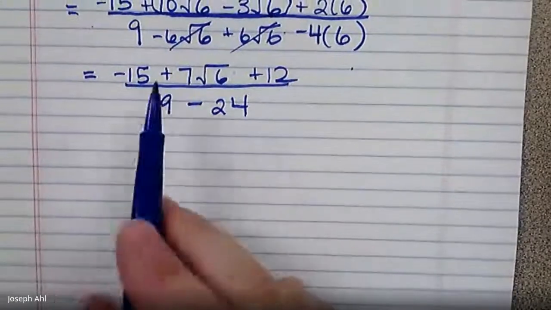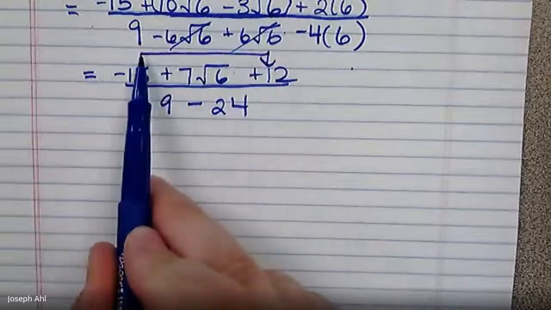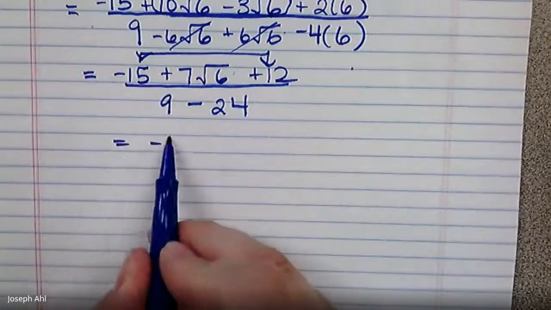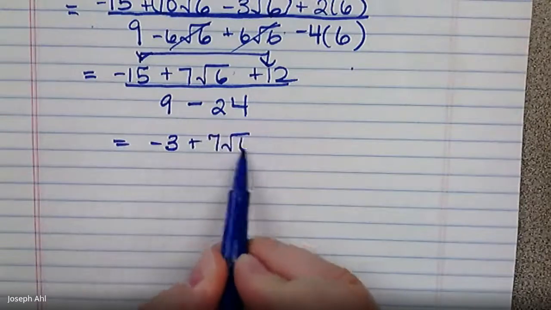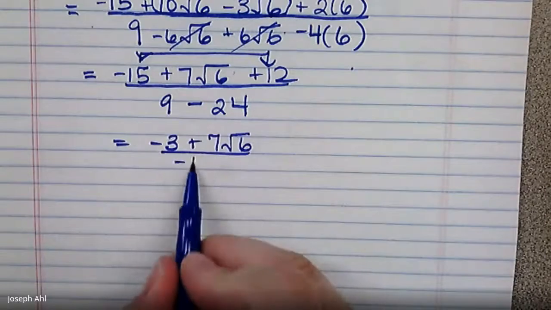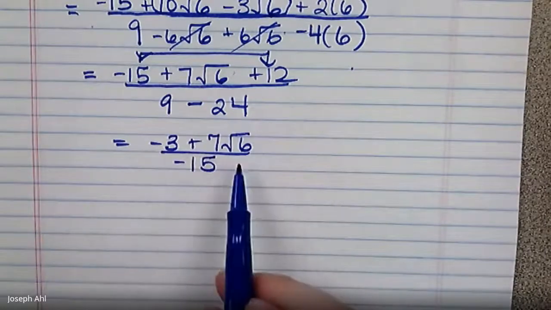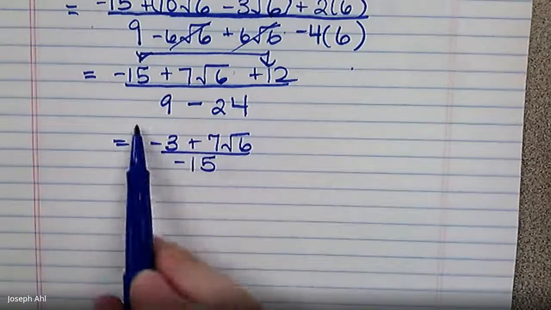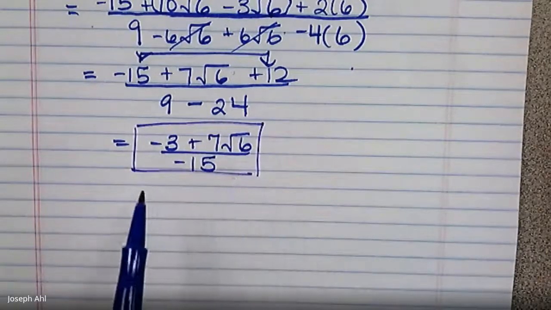And then lastly, if you combine like terms, the negative 15 and the 12 up in the numerator would combine to give you negative 3. So negative 3 plus 7 radical 6. Oh, and then 9 minus 24 in the bottom, that would be negative 15. And I'll let us stop there, right? I mean, the bottom's definitely a rational number now, so we have officially rationalized the denominator.